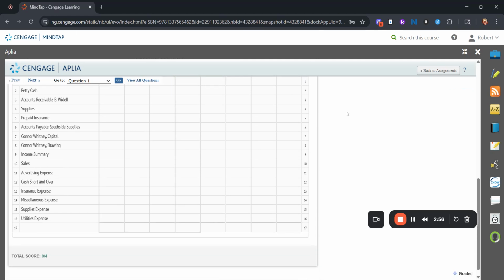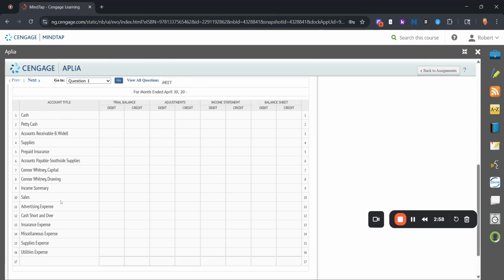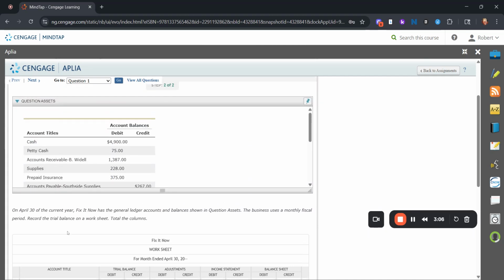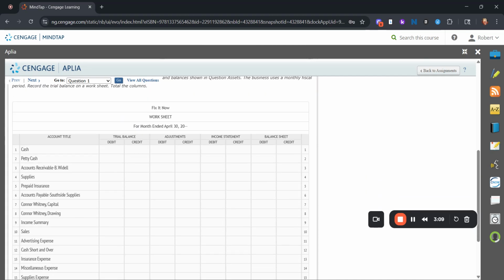So now we have all of the accounts that Fix It Now uses for record keeping. We have our trial balance columns.